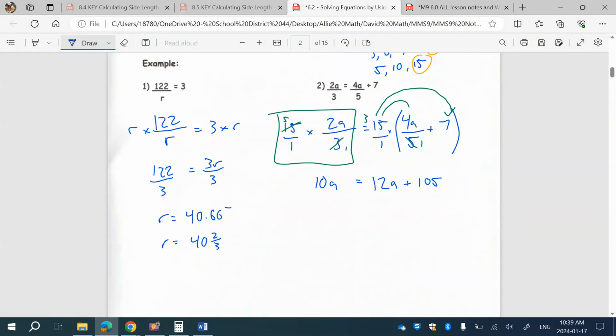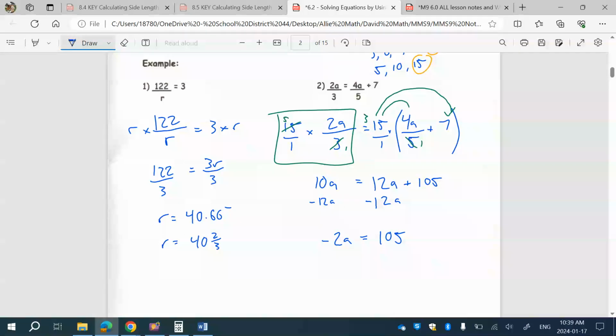We are going to end up with a negative coefficient, but we can multiply it by -1 later. So let's subtract 12a from each side. So subtract 12a. We're going to end up with negative 2a equals 105.